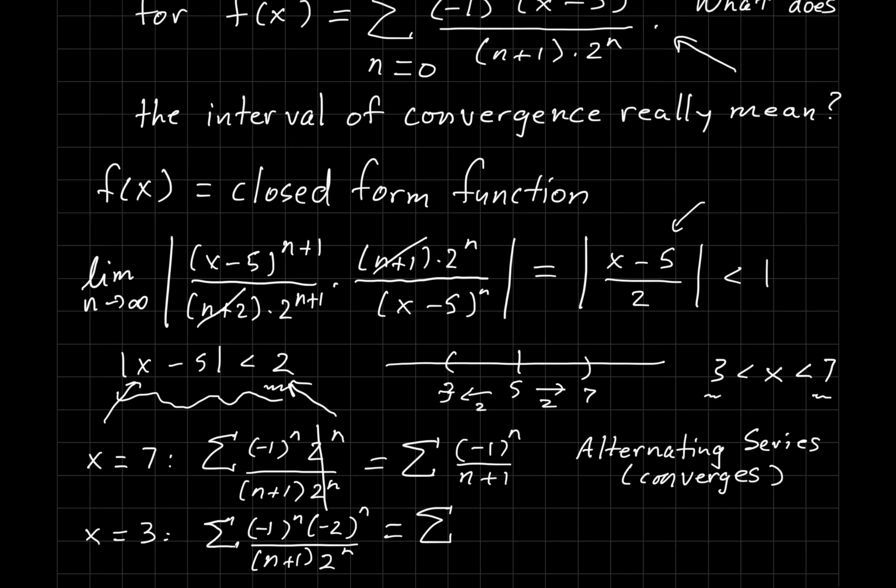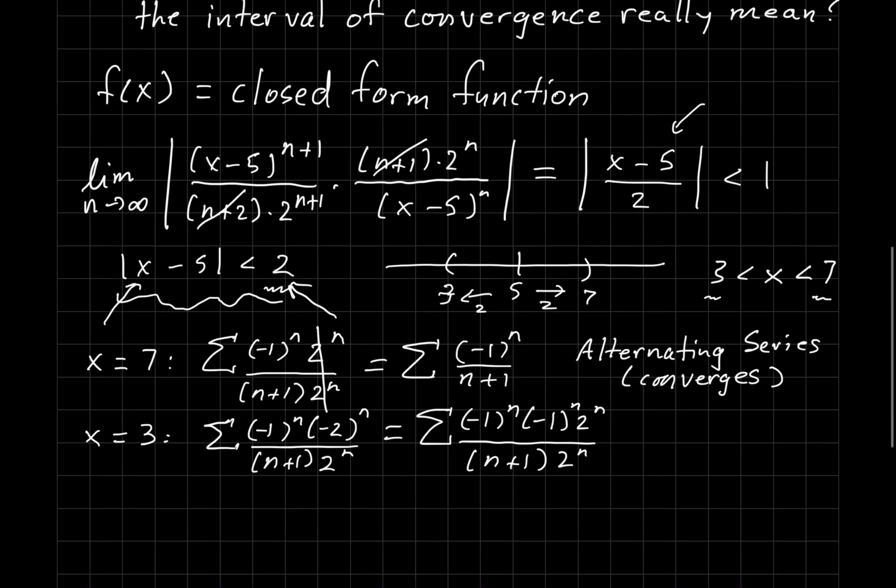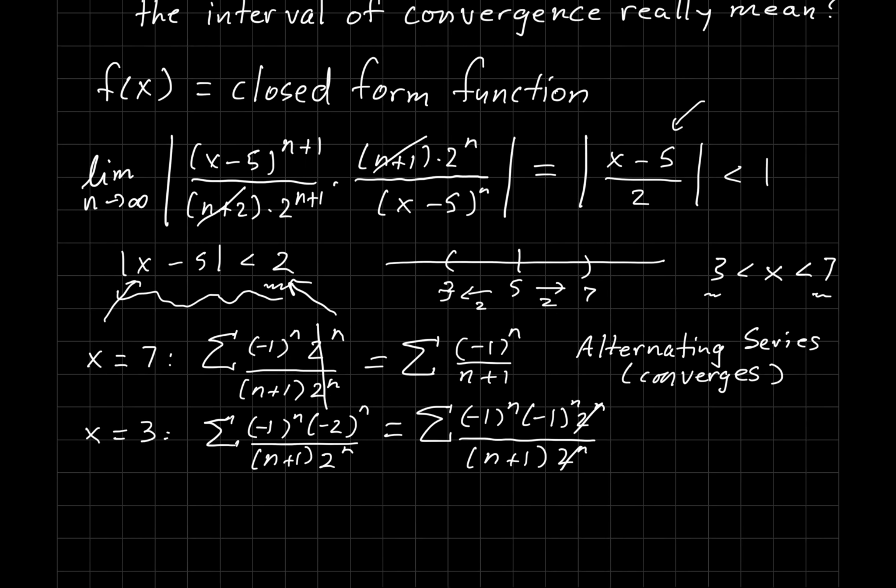We can simplify this as well. This becomes (-1)^n. And then I'll separate out the (-2)^n, which is (-1)^n times 2^n, over (n plus 1) times 2^n. The 2^n's cancel again.